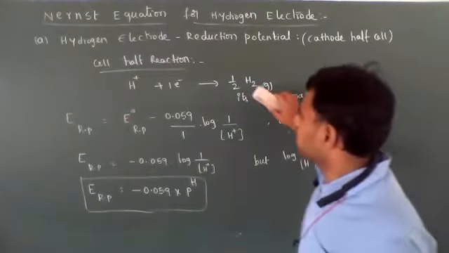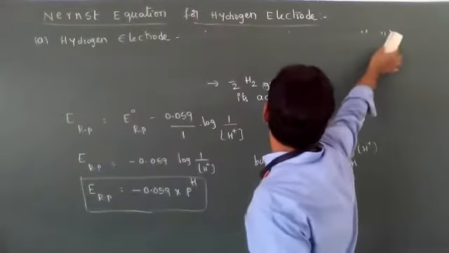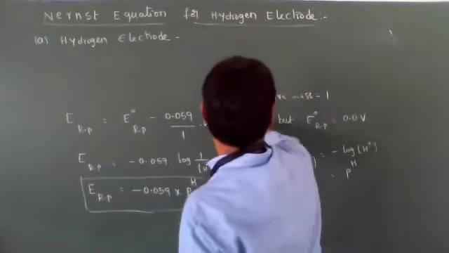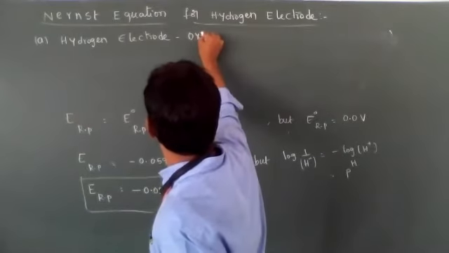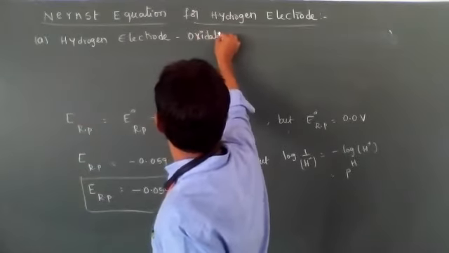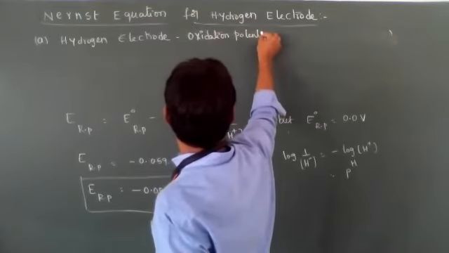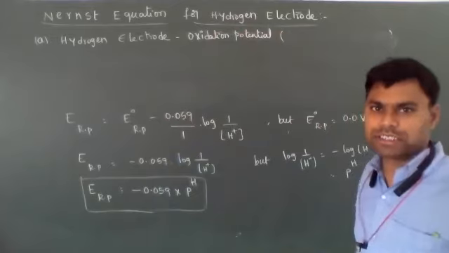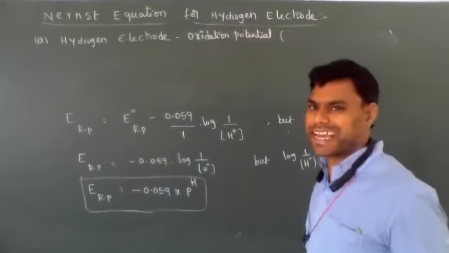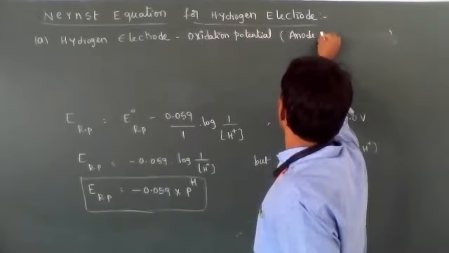See, hydrogen electrode acts as oxidation potential. It is producing oxidation potential, which means it acts as anode half cell.